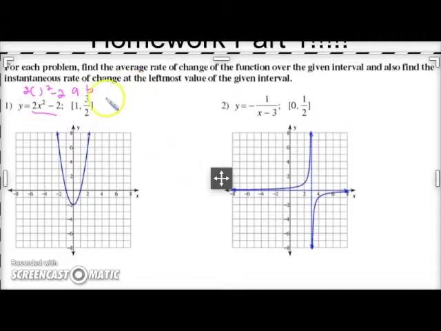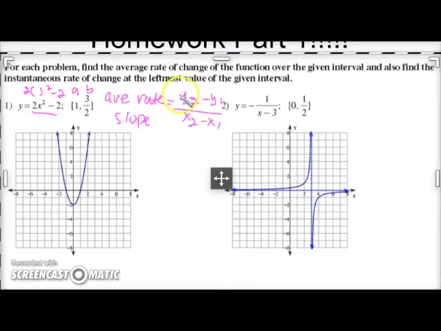Okay? So to find the average rate of change, this is simply the basic slope of the function. And if you don't remember the slope, the slope is y2 minus y1 divided by x2 minus x1.